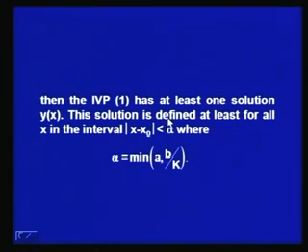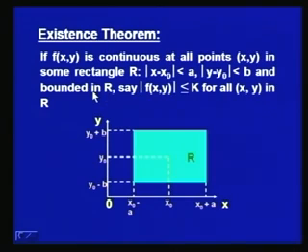This solution is defined at least for all x in the interval |x minus x0| less than alpha, where alpha is equal to the minimum of a and b/k. Now this theorem tells us that if the function f(x,y) is continuous in some region of the xy plane and it is a bounded function for all (x,y) in that region, then the initial value problem always has a solution. So this theorem is known as an existence theorem.